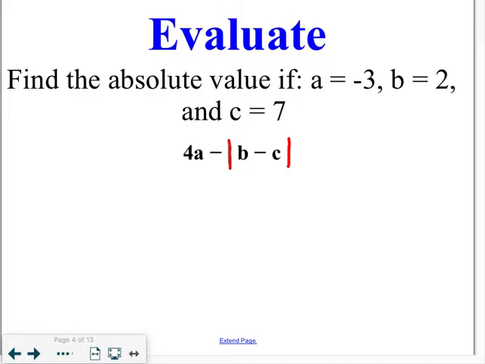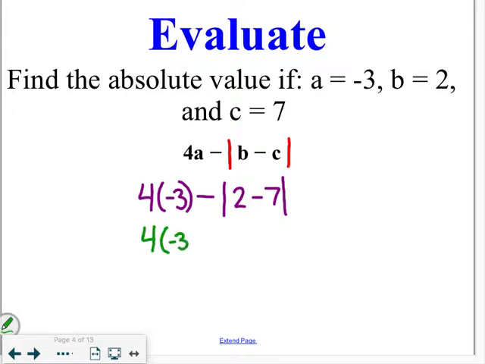So if I was going to plug in, I would have 4 times negative 3 minus the absolute value of 2 minus 7. So we're going to solve the absolute value first. And inside those bars, we're going to end up with a negative 5. So I've got 4 times negative 3 minus the absolute value of negative 5.